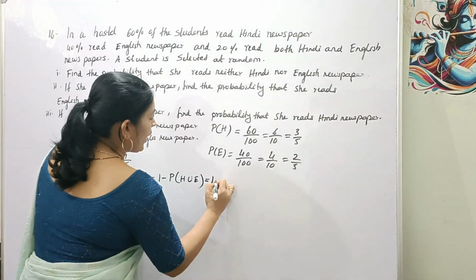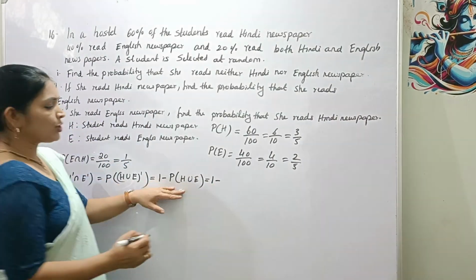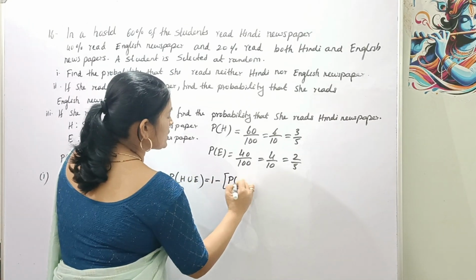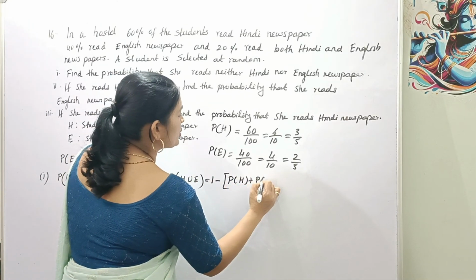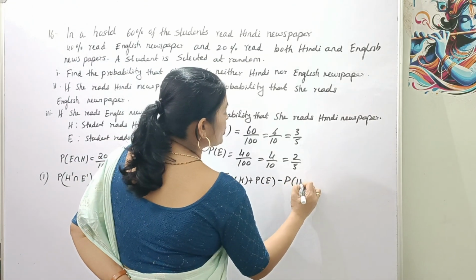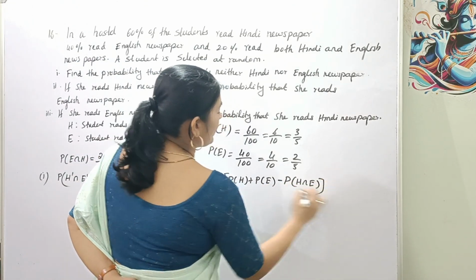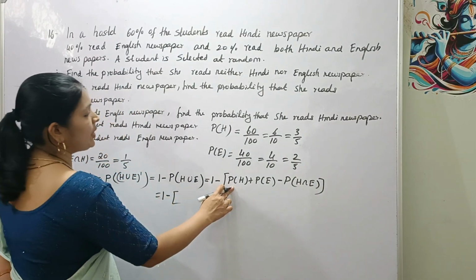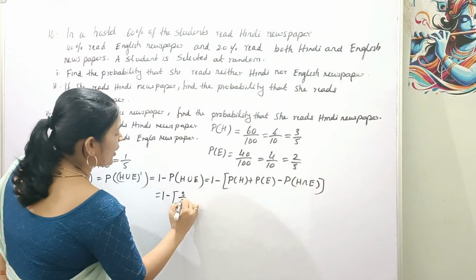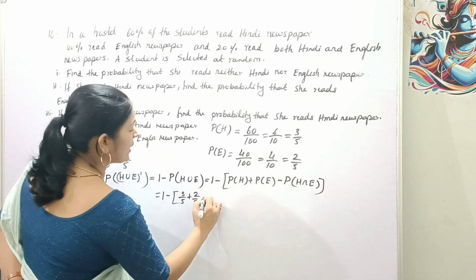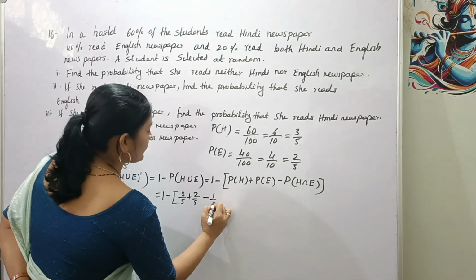That is equal to 1 minus, what is probability of H union E? We have a formula. Probability of H union E is probability of H plus probability of E minus probability of H intersection E. We have all these terms, right? Substitute. 1 minus, probability of H is 3 by 5 plus 2 by 5 minus 1 by 5.